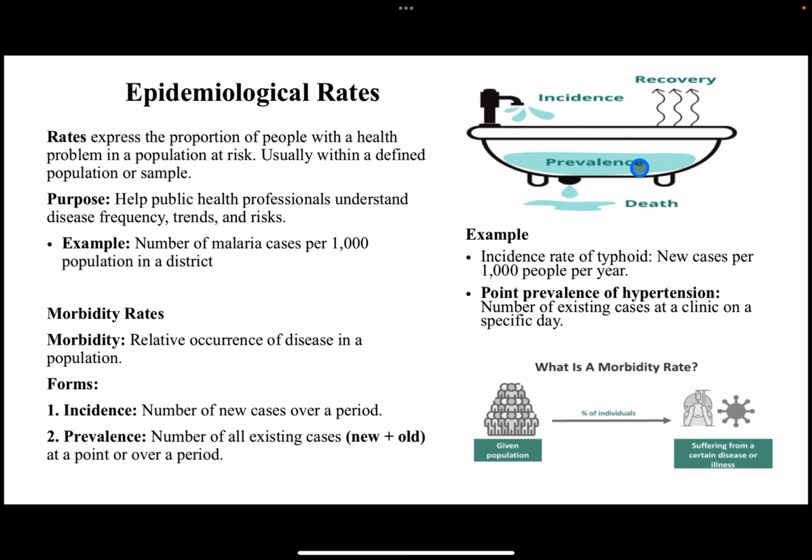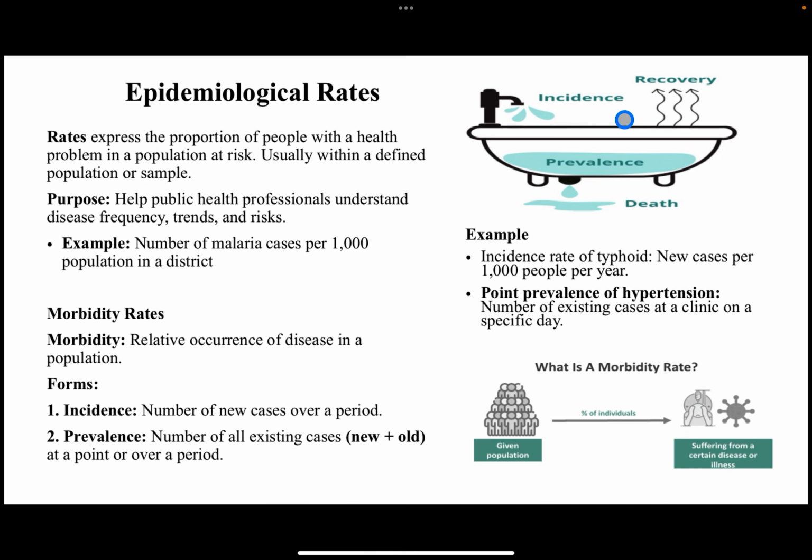Within the prevalence, which is the number of all existing cases, some of them will definitely recover or get healed, and some will end up dying. That transitions us to other epidemiological rates, like the mortality rate.